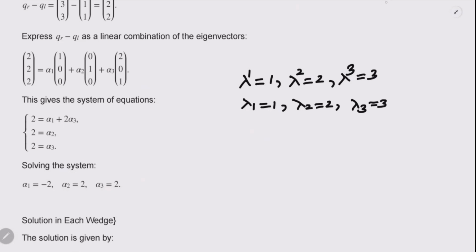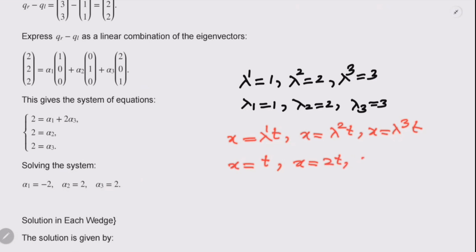Now, if you want to draw that, you can draw it like this. For example, we have x equal to lambda 1 t, x equal to lambda 2 t, x equal to lambda 3 t. So x will be equal to t, the second x will be 2t, and x is 3t.